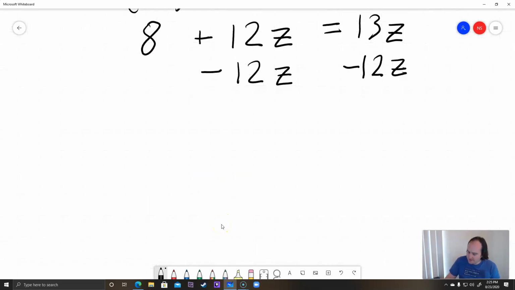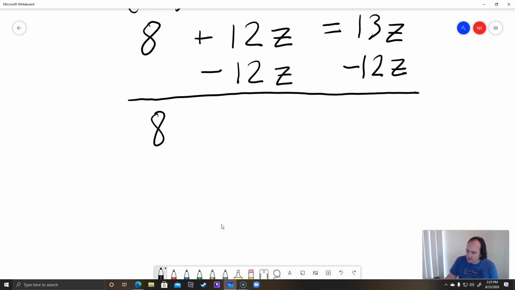On the left side, we're just going to have 8, because 12z minus 12z is 0. Those just cancel out. Some people cross them out. And on the right side, combining like terms, 13 minus 12 is 1, so we get 1z.